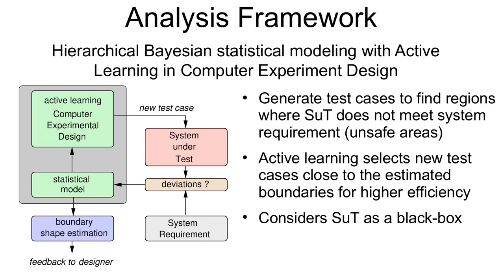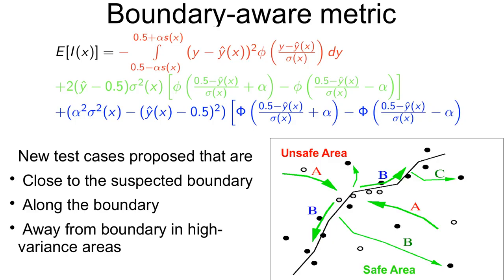Now let's look at how active learning is estimating the boundaries. We developed a boundary-aware metric for this. The idea of this metric is that at each iteration, given the current statistical model, which means a number of test cases have already been executed, some of them resulting in this point is safe, this point is unsafe, as shown in the lower right hand.